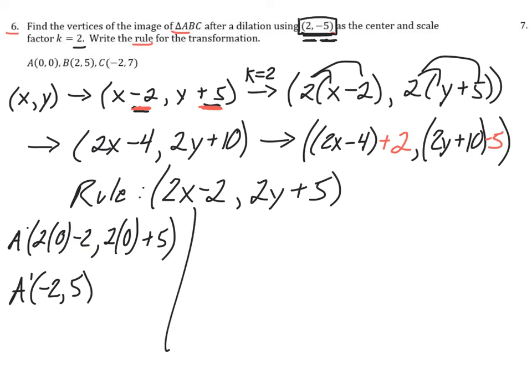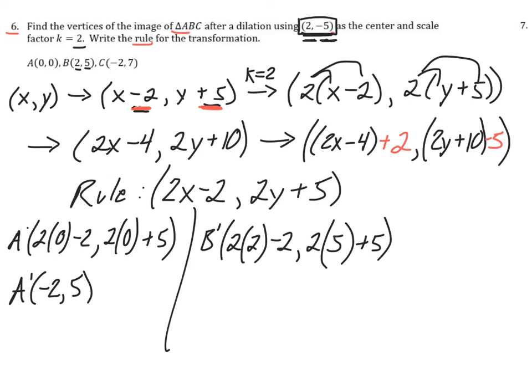Next thing I want to do is B prime. So B prime is going to be at 2 times 2, because that's my x value for B, minus 2, and then 2y, so it's going to be 2 times 5 plus 5.